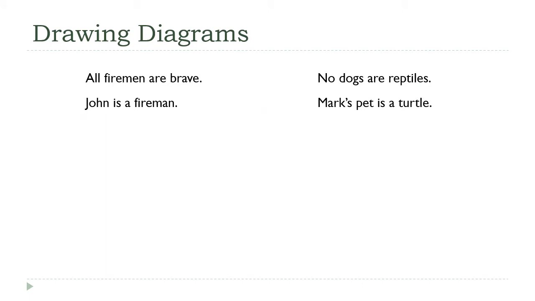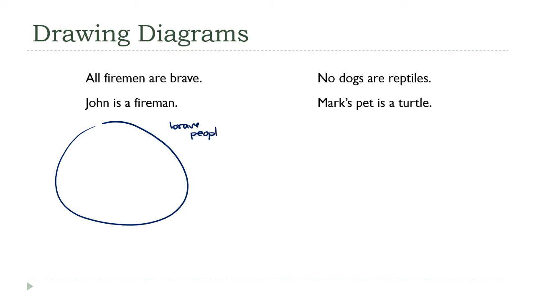Now, there is one more thing we need to consider, and you notice I'm playing off of our previous two scenarios here. This first one, all firemen are brave. So let me duplicate what I had before. We've got brave people, and I'm going to put firemen inside it. Now, the second sentence, John, you see, this is a little different.